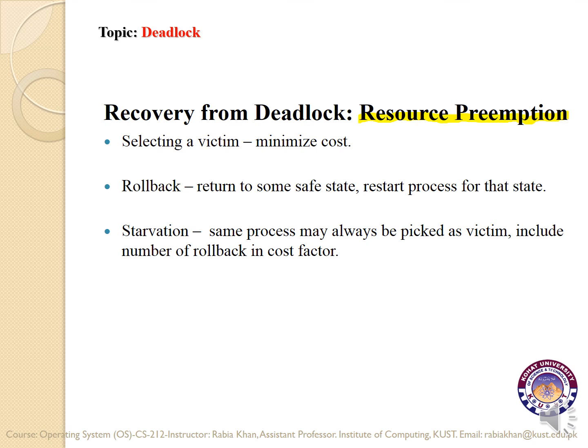That means all their held resources need to be preempted. The selection of victim is made on the basis of different criteria as we discussed in the previous slide. So a victim is selected using a criterion that would be less expensive for the operating system.